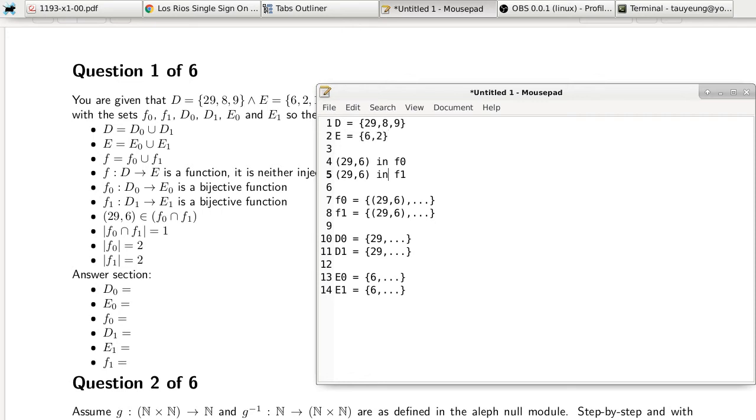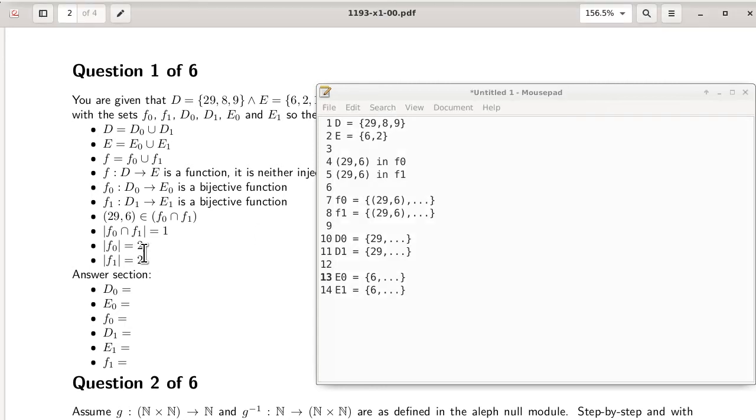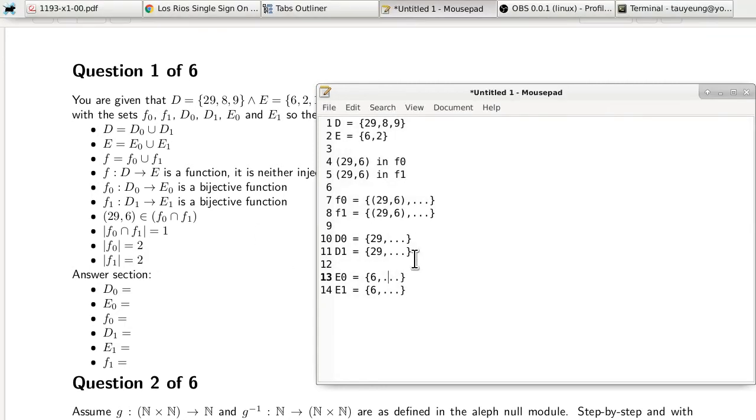Given these requirements, we know that F0 and F1 both have cardinality 2, and because they're both bijective, E0 and E1 are actually the same. They both have 6 and 2, which makes them exactly the same as E itself.